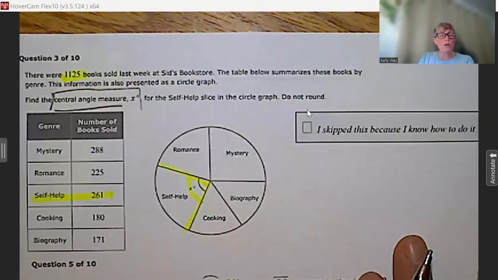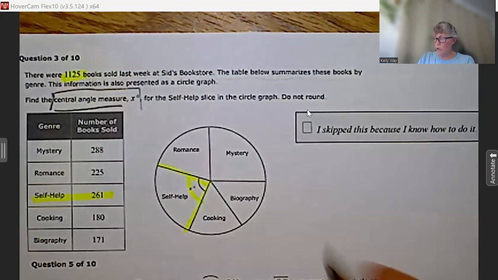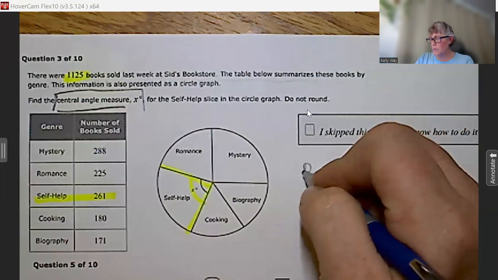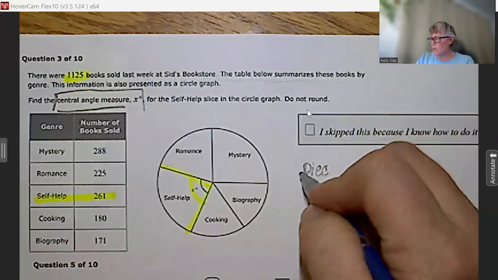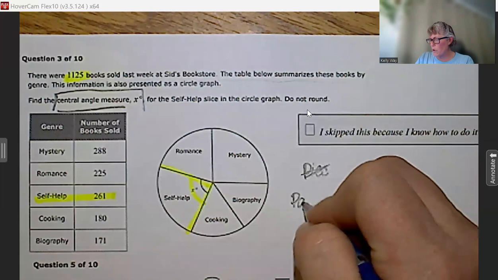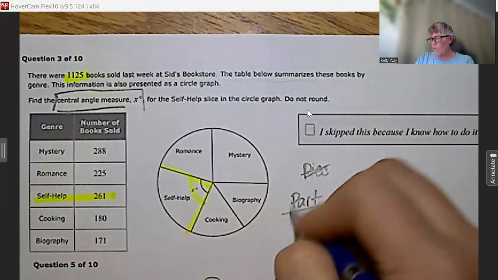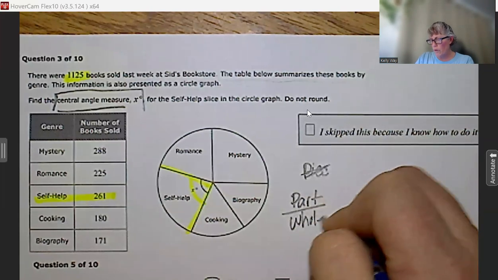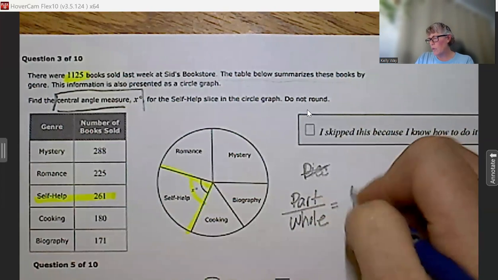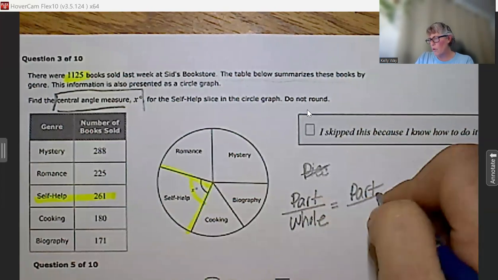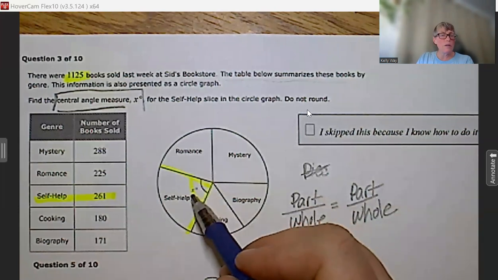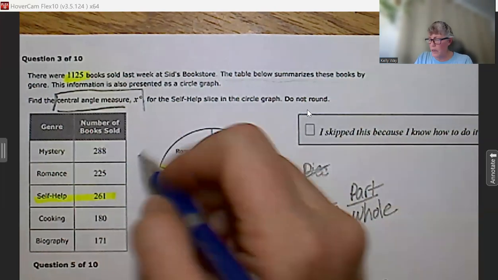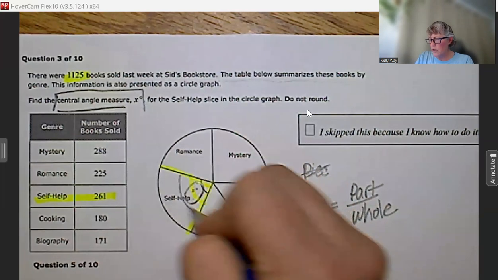So right here, you're going to make a proportion, and the proportion looks like this: part of something over a whole of something equals part over whole. Now, in this case, what we want is X degree central angle.